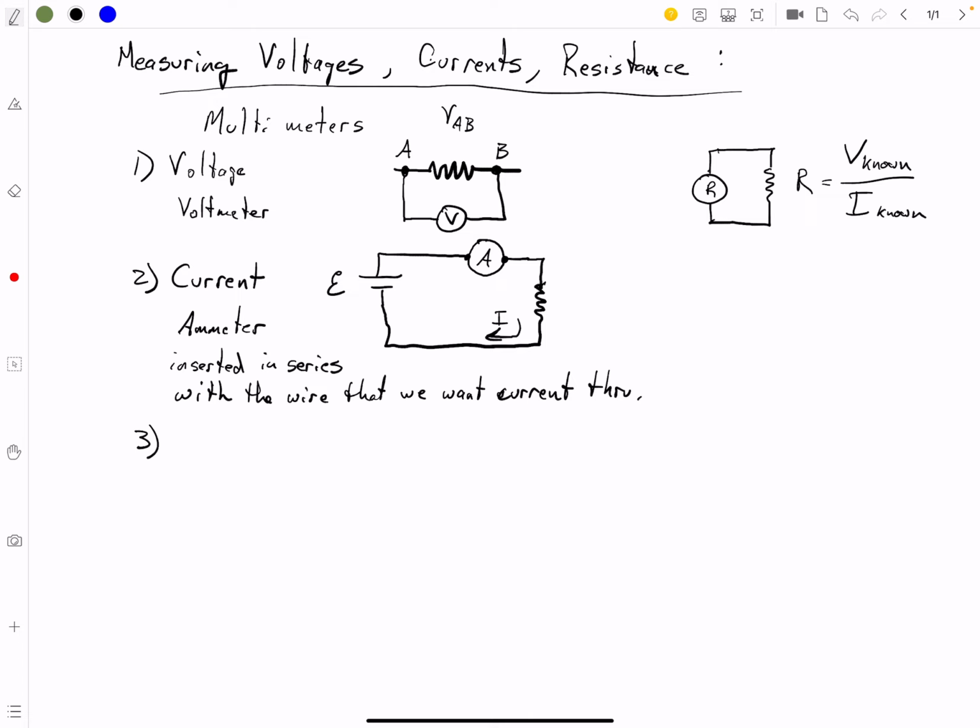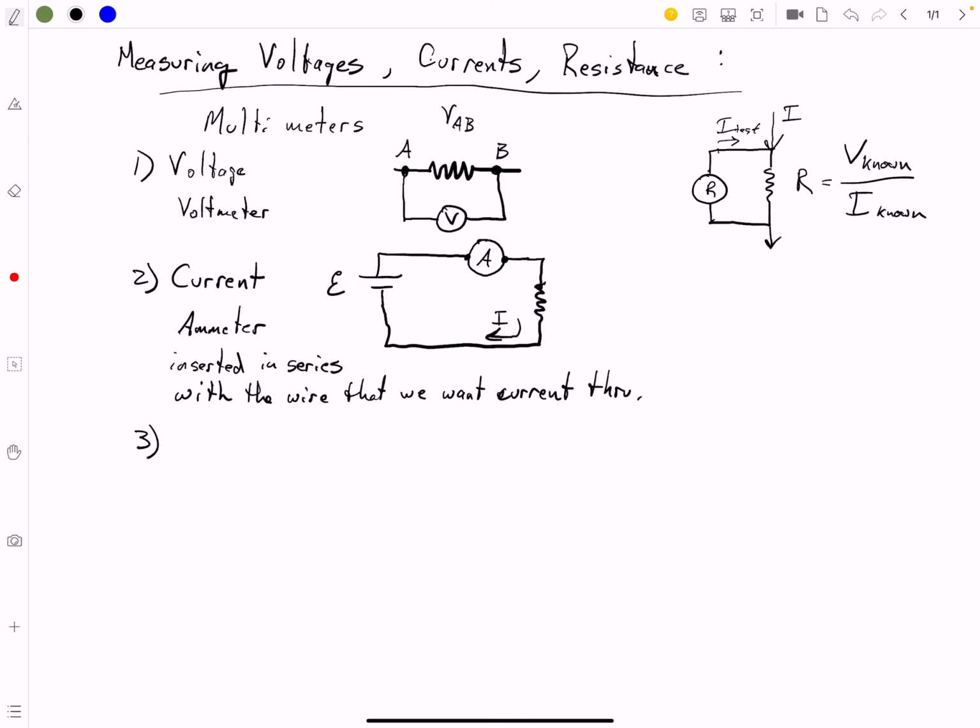Okay, and ohmmeters are pretty good if you can just take the resistor out of the circuit. Now you don't want it to be in the circuit. You don't want other things happening, right? You want to remove that resistor from the circuit, because if other currents are flowing in and you're sending in your test current, then things kind of get a little bit muddled.